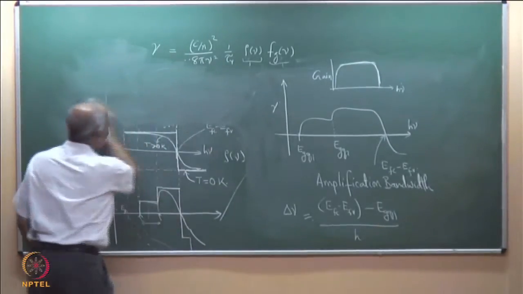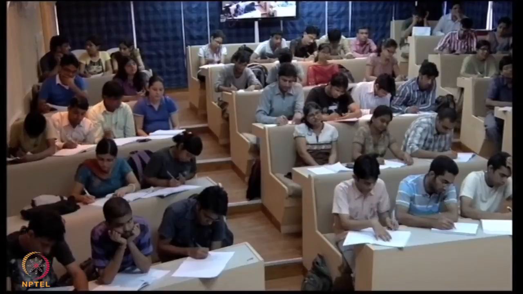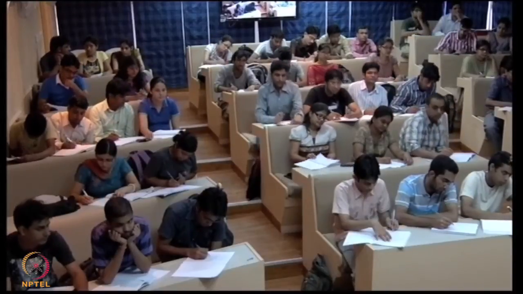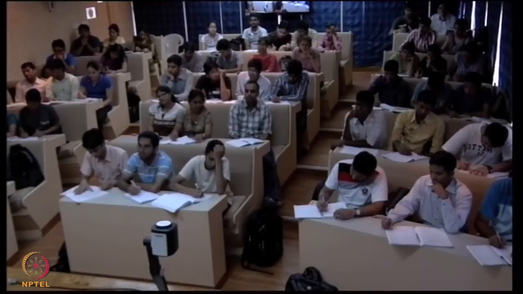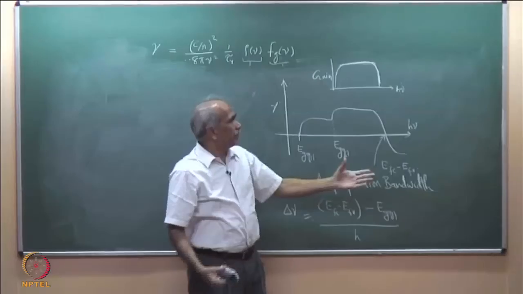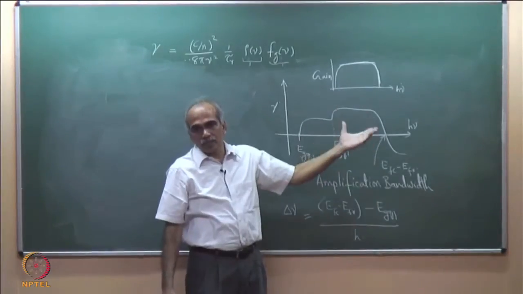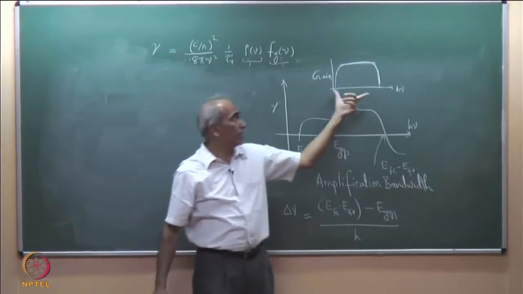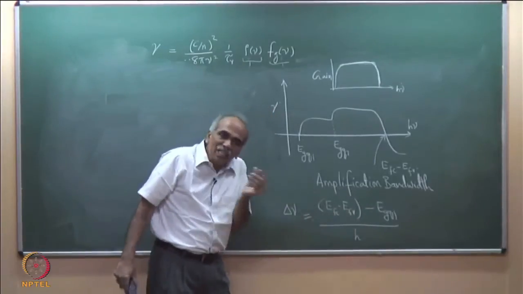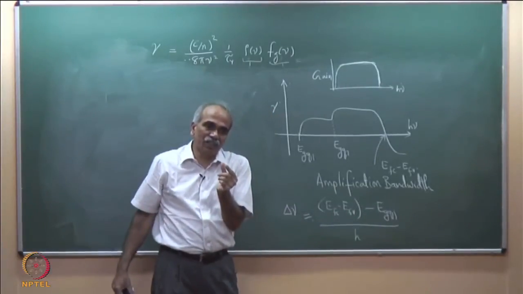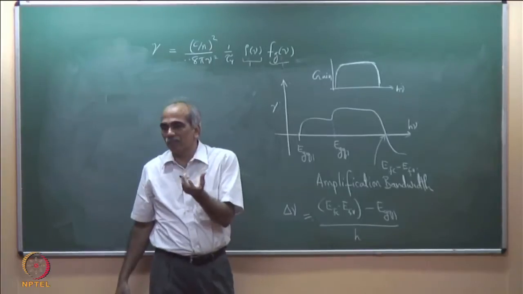Let me now come to the attenuation spectrum, the loss spectrum. It is an identical discussion, but the only difference when we discuss attenuation and gain is that the amplification bandwidth is very small in the frequency range, about 10 to the power of 13 hertz.